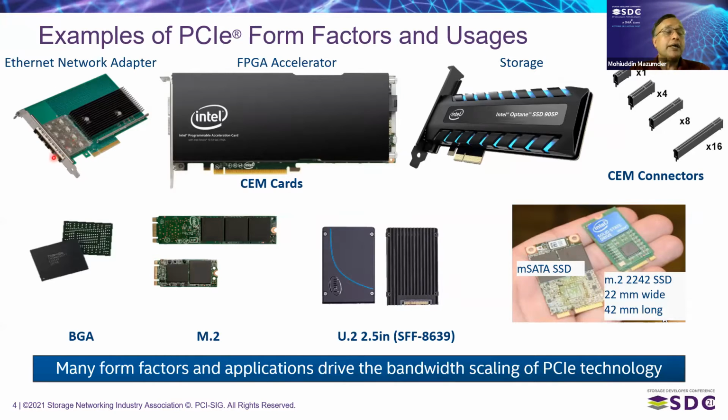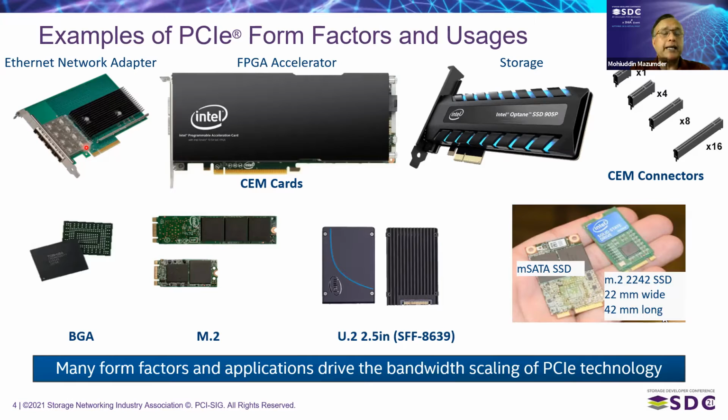To meet a 400 gig Ethernet card in a by 16, you need a minimum of 32 gigatransfer per second. That's what PCIe 5.0 is going to deliver. And when Ethernet moves to 800 gig, then 64 gigatransfer per second PCIe 6.0 will be able to meet. So it is going hand in hand to meet the demands of the bandwidth on the CPU side and on the networking side.